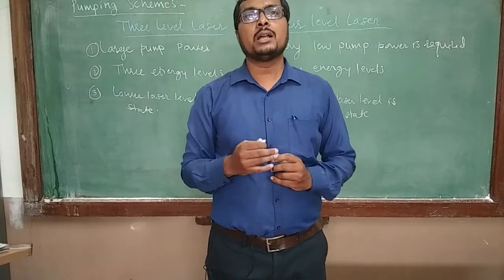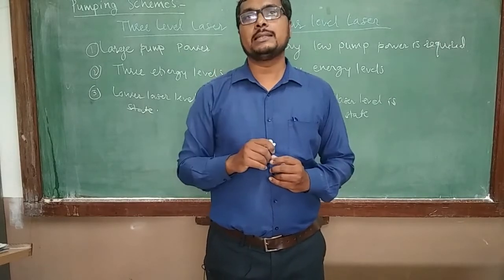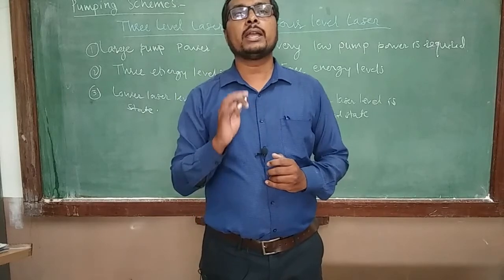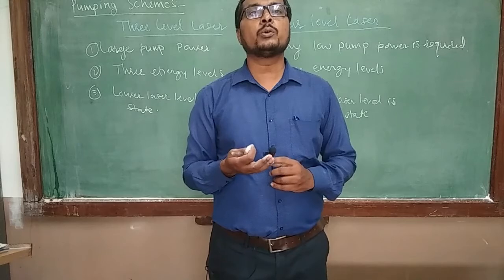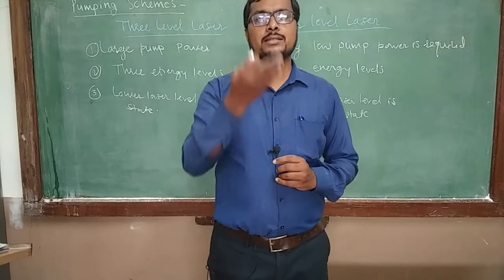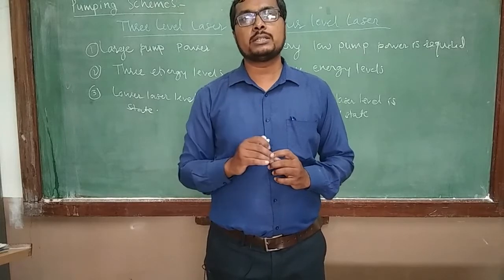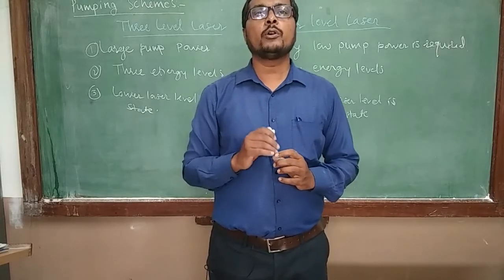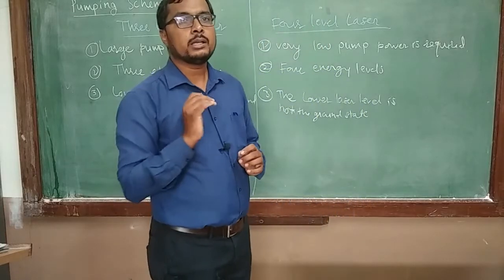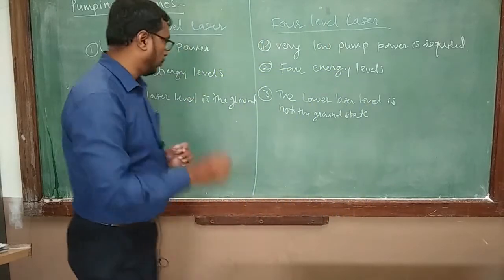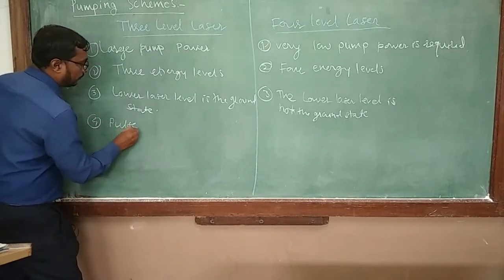Because of that, our laser stops lasing, and therefore what we get is pulse output, because we again need to pump the atoms to the excited state and wait till the population inversion is achieved. So the 3 level laser works in the pulse output mode.